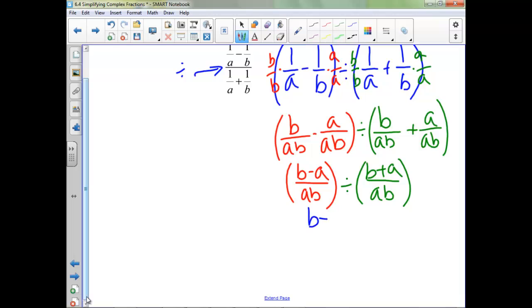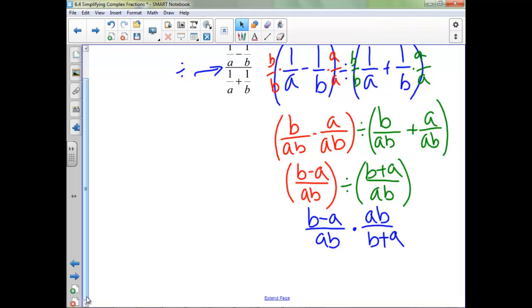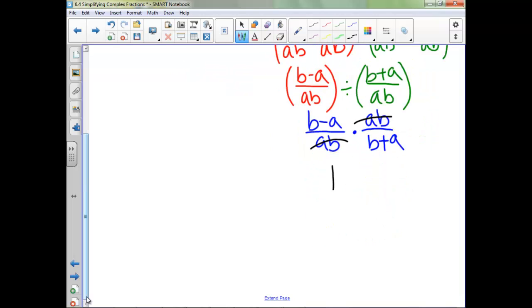So this would be what we did in last section. So we'll have times ab over b plus a. And now notice our ab's can cancel with each other. And so we are left with b minus a over b plus a.